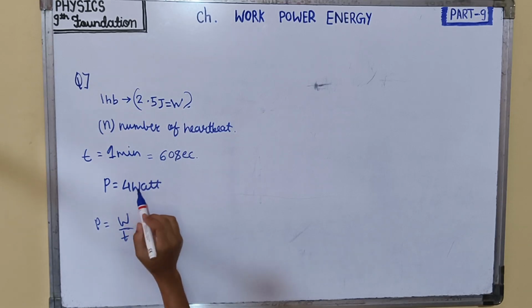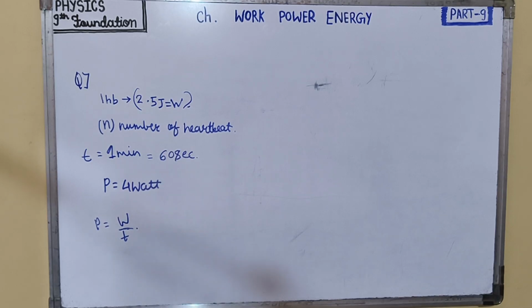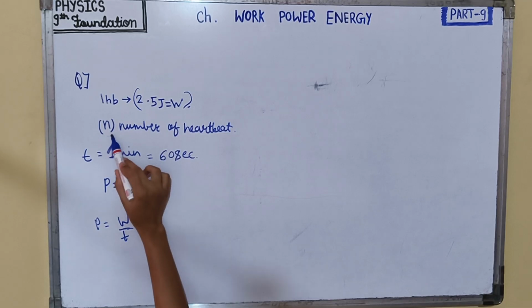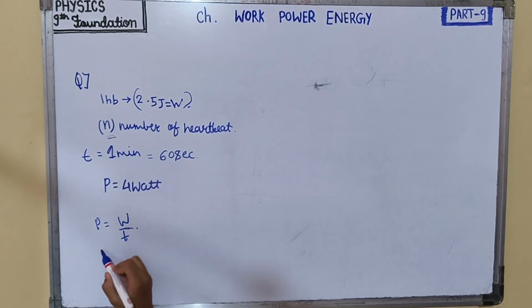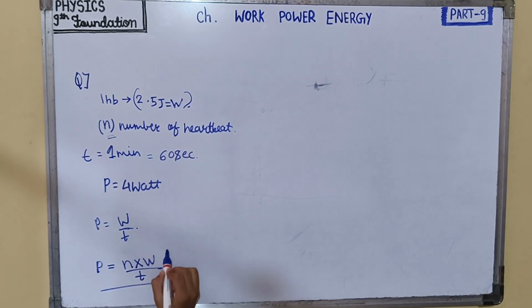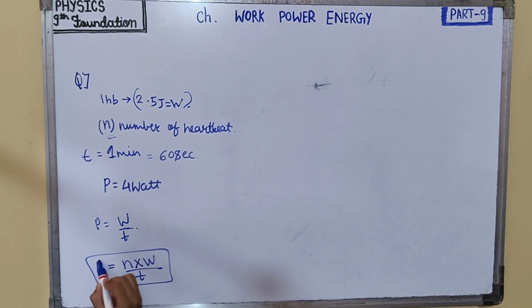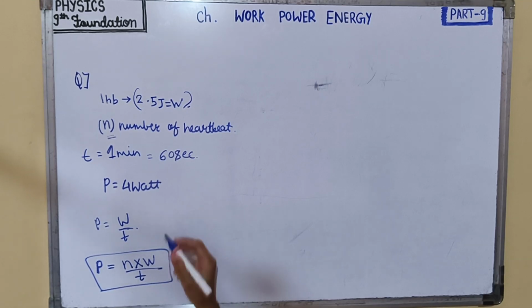Over here, we don't know how many heartbeats it takes in 1 minute, so we have considered it N. So we will multiply N with W. P is equal to N into W upon T.